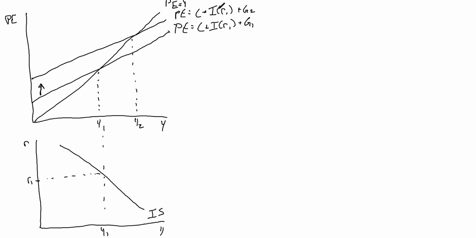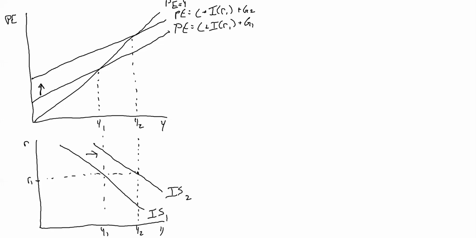So interest rates are still R1. We just have a higher amount of government spending. And so we have this higher amount of income at interest rate R1, and so we're now at Y2. And so what we've done by increasing government spending is shift the IS curve outwards from IS1 to IS2. Basically, we raised the level of income for each interest rate.